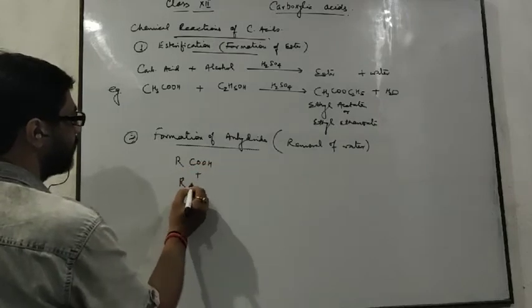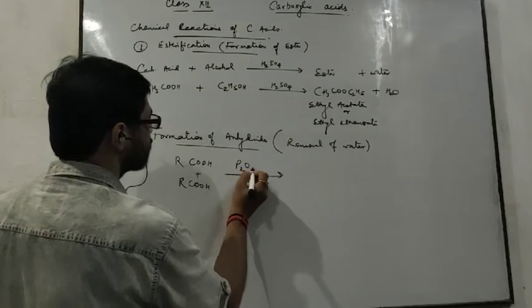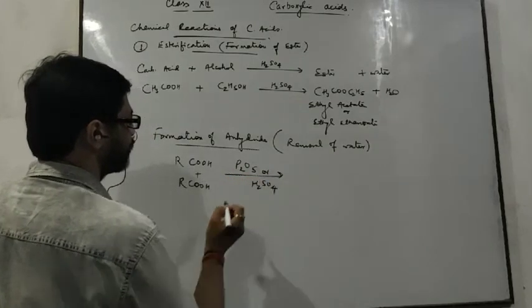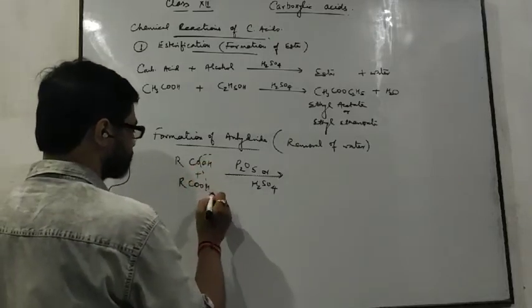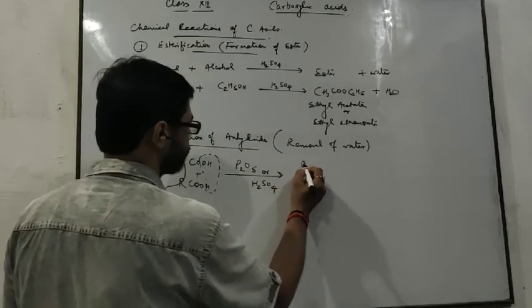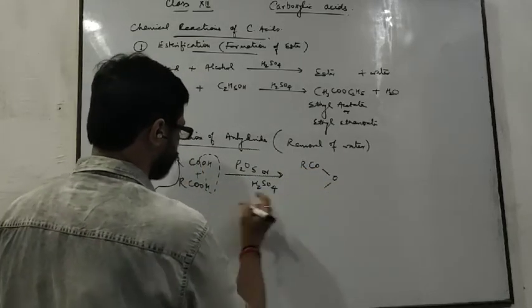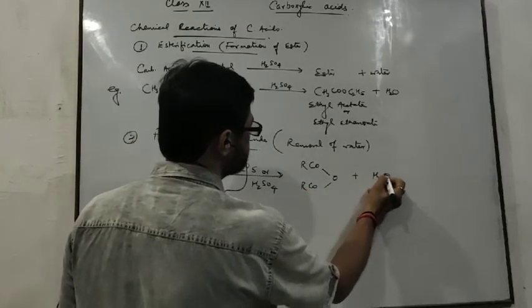See here, RCOOH. Another molecule of RCOOH in presence of phosphorus pentoxide or H2SO4 loses one molecule of water like this and forms RCO, and H2O is released.